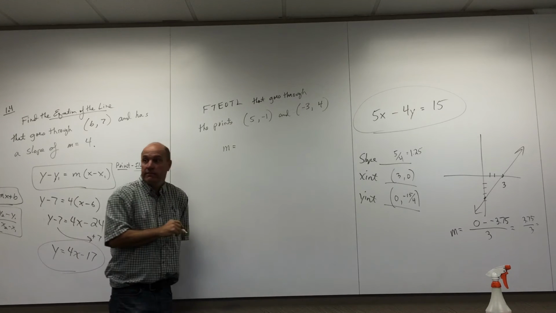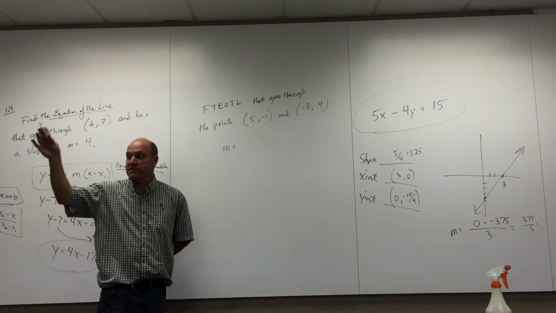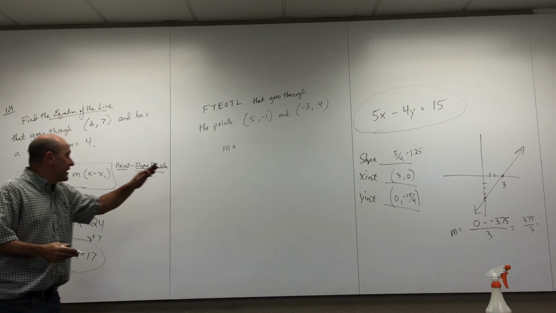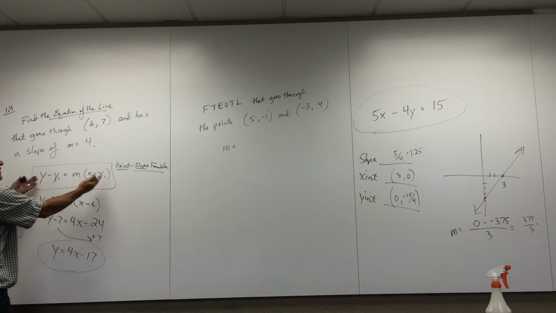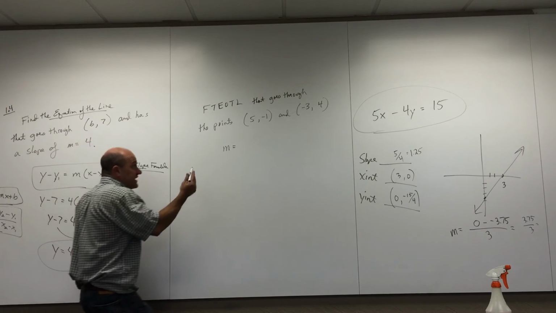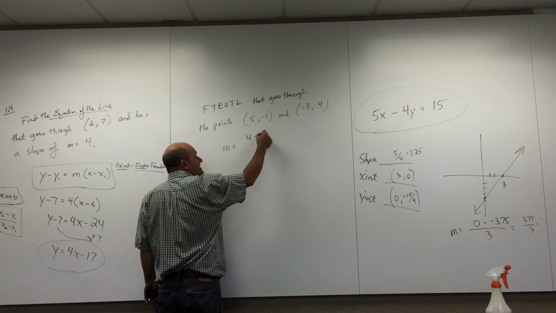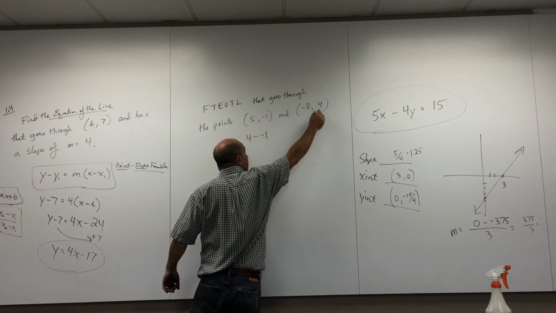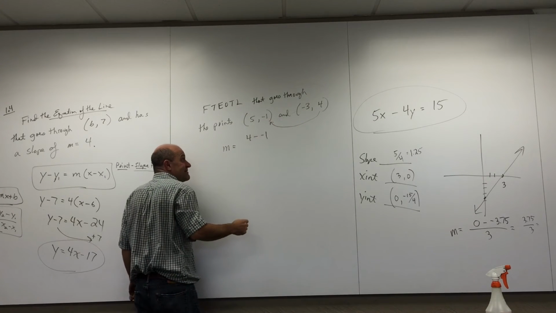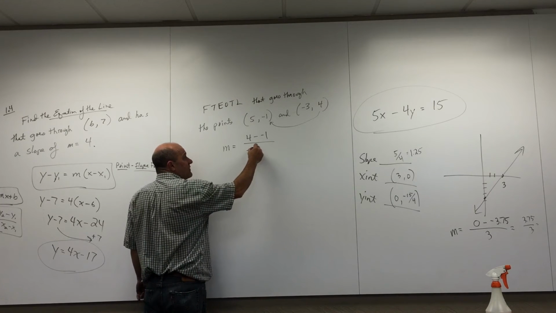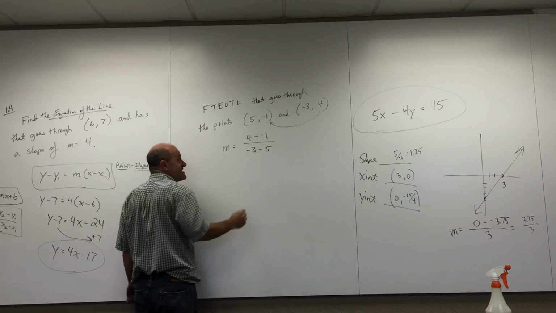You guys agree? Am I talking too fast? Step 1 would be find the slope. Once I find the slope, I can use my point slope formula to get the equation of the line. But first I need the slope. The slope is 4 minus -1, subtracting my y's, over subtracting your x's, which is -3 minus 5.